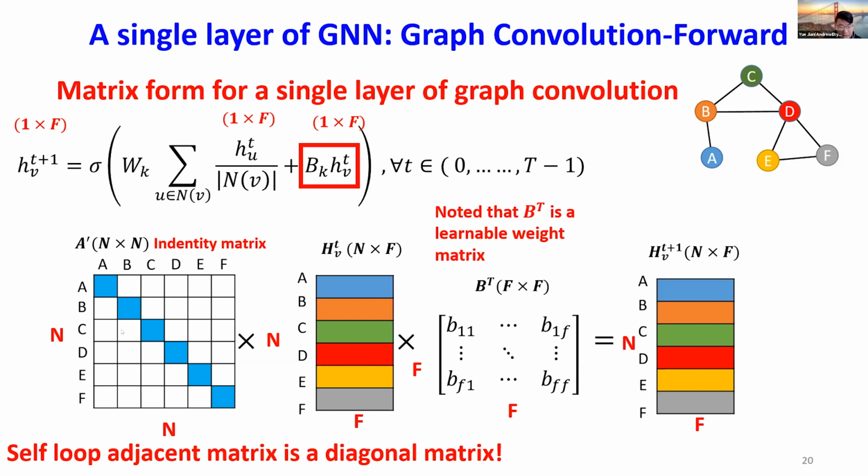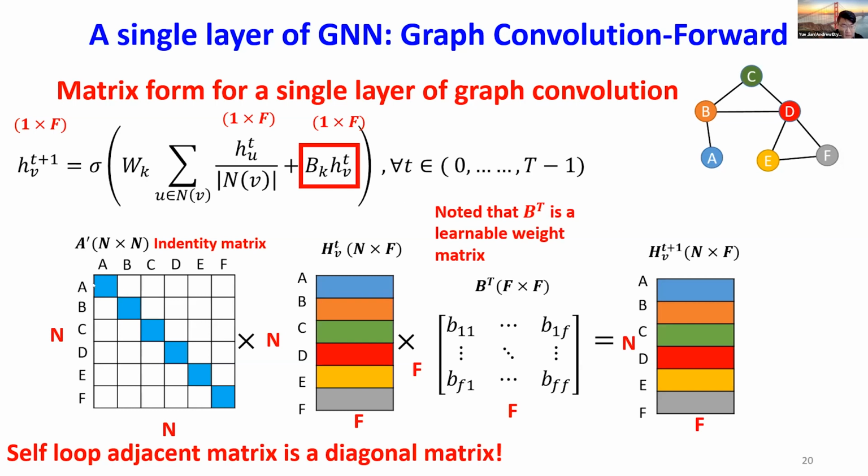In an adjacency matrix, this kind of connectivity and message passing can be represented as an identity matrix. If you multiply this identity matrix with the node feature matrix, you are doing the self-loop message passing over the graphs that we are interested in.